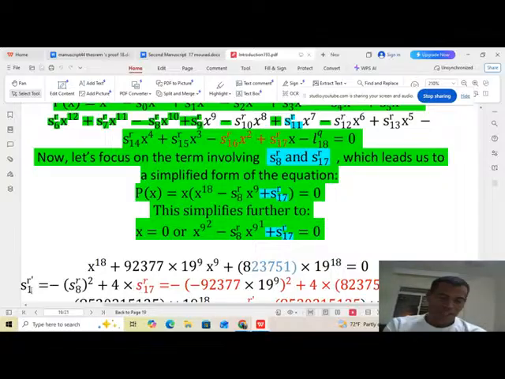You see here, S1 is the opposite value of the discriminant formula that I already know, the discriminant.